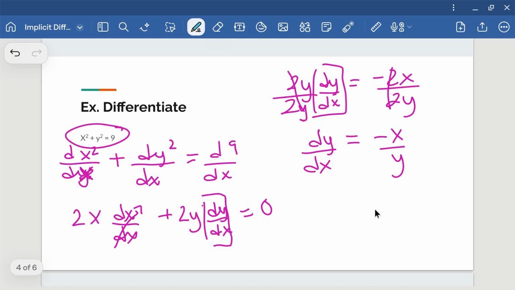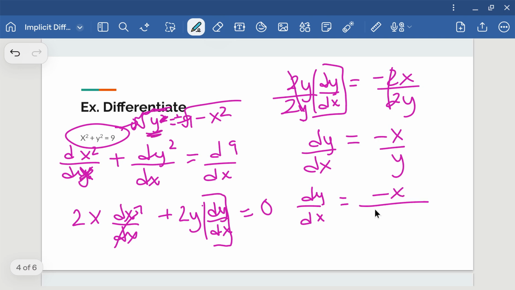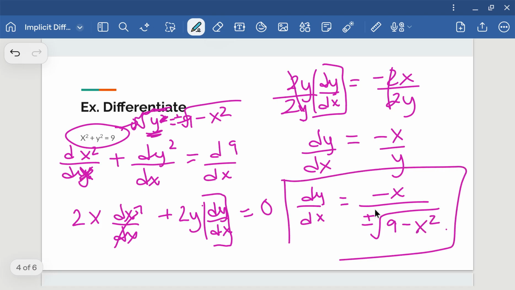So if I isolated y, I'd have y squared equals 9 minus x squared, and then I take the square root of both sides, and I'd get y equals plus or minus the root of 9 minus x squared. So that's what I can do at my last step, is I can replace y with the root of 9 minus x squared. And now I'm completely done, and I'm in that notation I want to see.